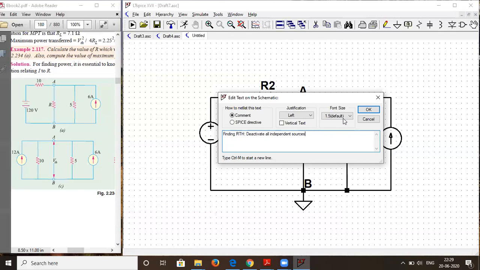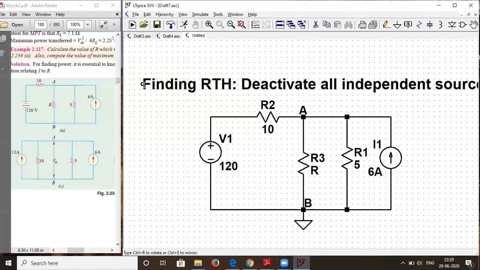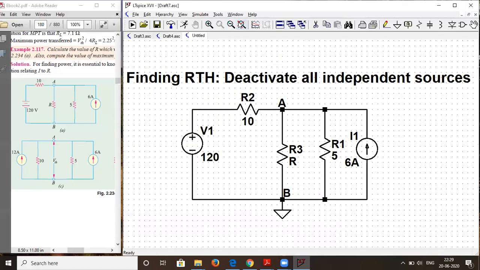What do we mean by deactivating all the independent sources? First of all, I'll remove this. Deactivating all the independent sources means that if we remove this voltage source, it has to be replaced by a short circuit, and we need to remove this current source, so it has to be replaced by an open circuit. So this is my equivalent resistance.